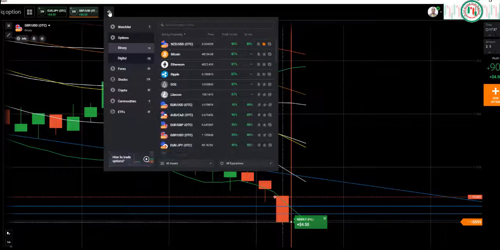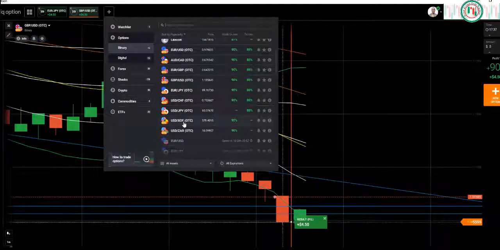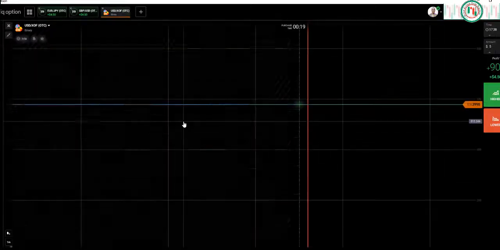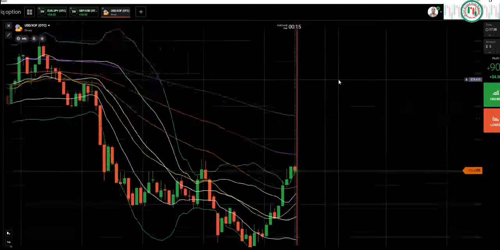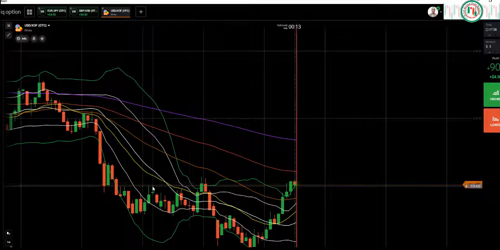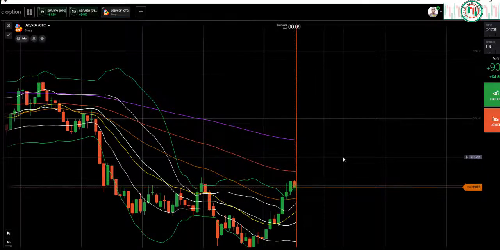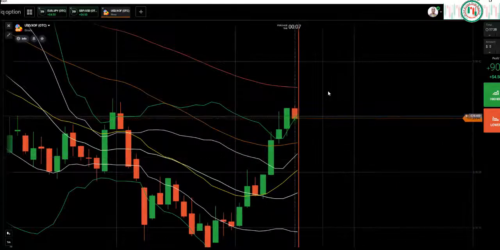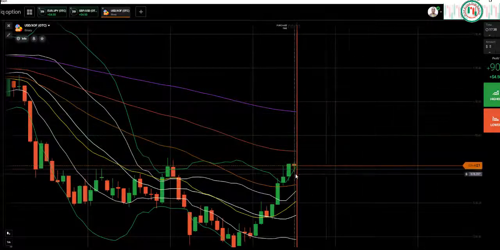So let's analyze another market. Yes, here, strong momentum. I'm late. I know this candle must be weak.